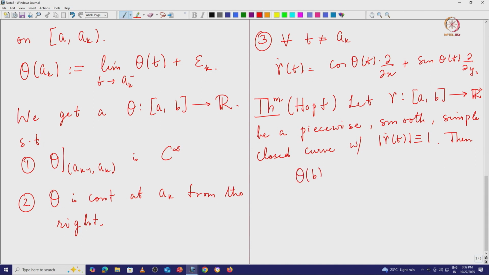So the remarkable fact is that theta of b minus theta of a is precisely 2 pi.